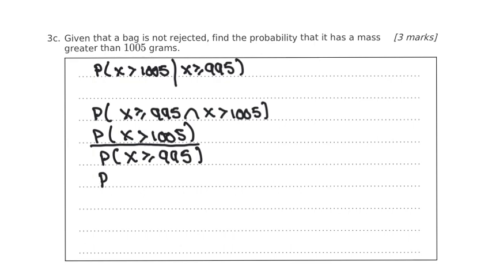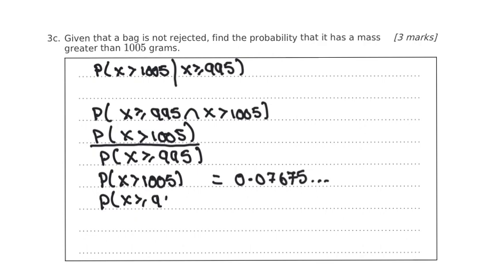The probability that x is greater than 1005 is equal to 0.07675, and the probability that x is greater than or equal to 995 is equal to 1 minus 0.7675.